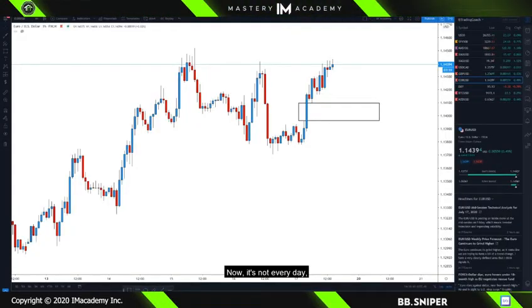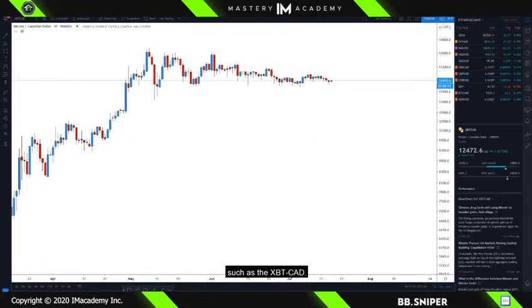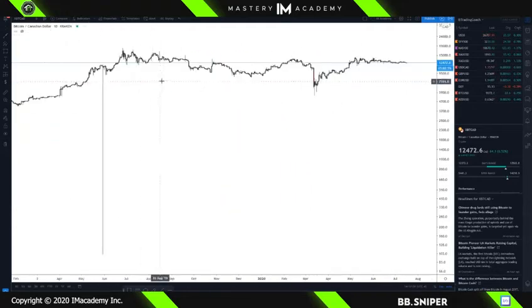Now, it's not every day that we see movements such as what we just saw in that clip, or even if we were to look at another chart, such as the XBT CAD, where we see the price go from 11,898 down to 101.20 in a matter of minutes.